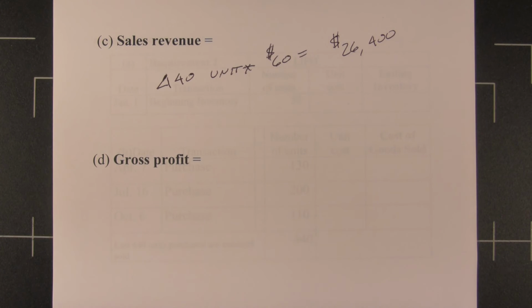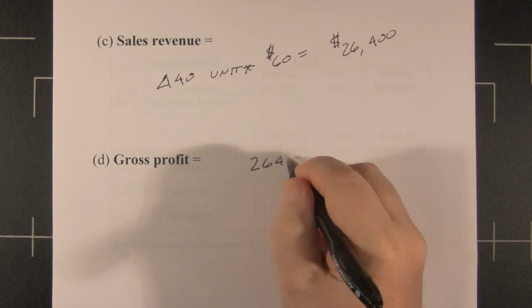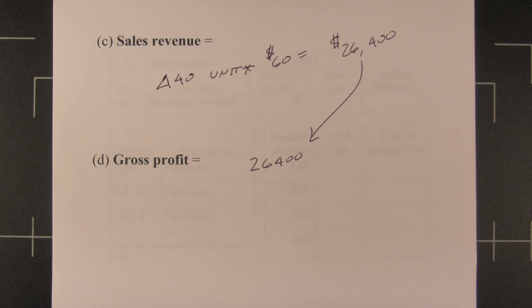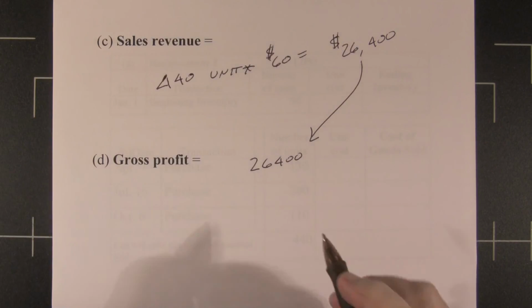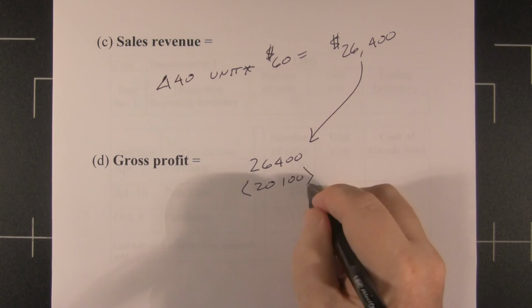Our gross profit, again, will change because the value of the ending inventory will change. Gross profit or gross margin, as you remember, is revenue, $26,400, minus the cost of goods sold, which we figured out here, minus $20,100.